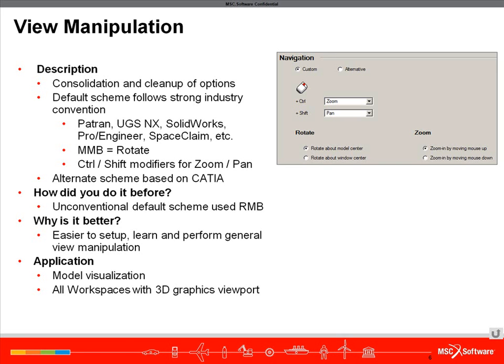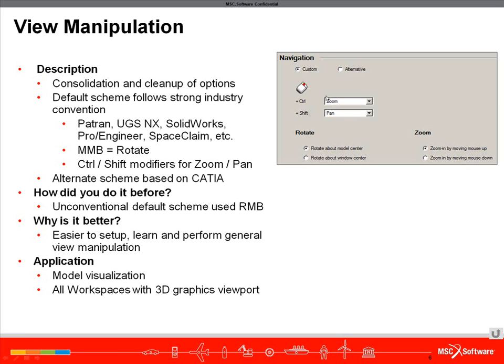An alternate scheme following CATIA's gestures is also available, based on the strong feedback that we have received from our users. In the default scheme, the middle mouse button is used for rotation. The shift and control keys are used as modifiers for pan and zoom.